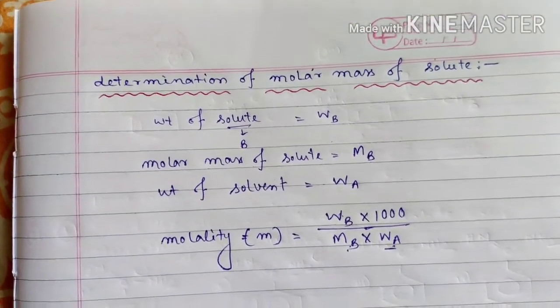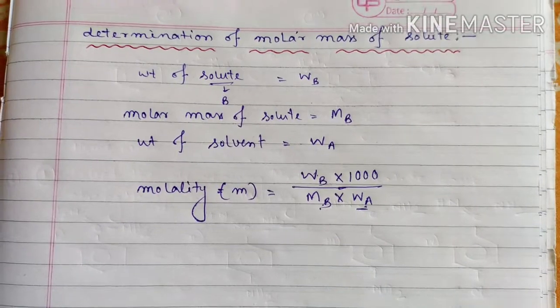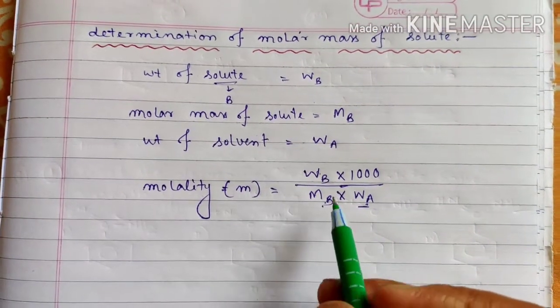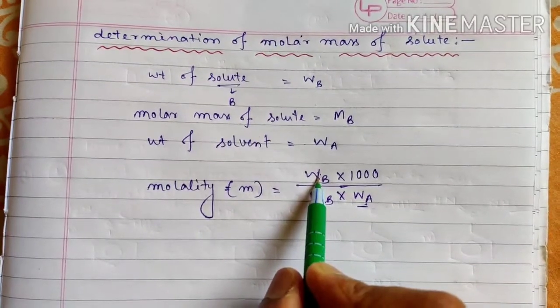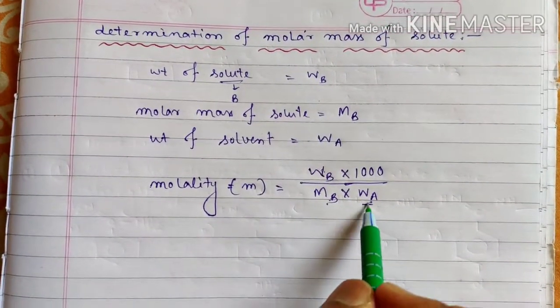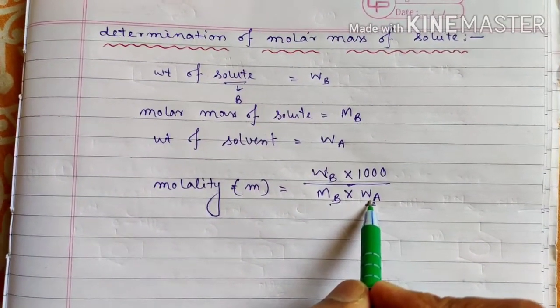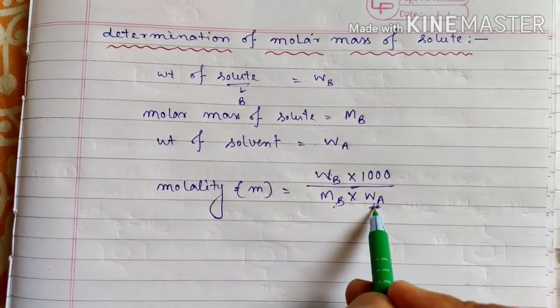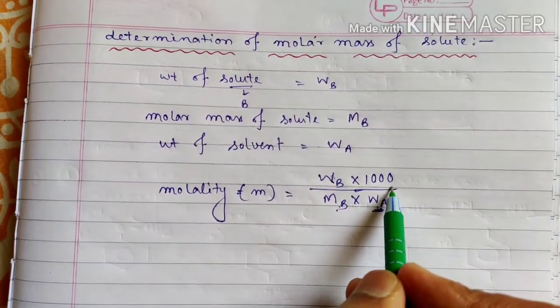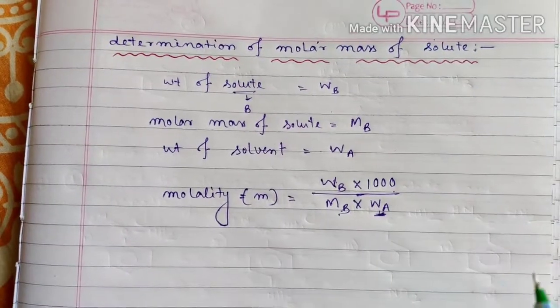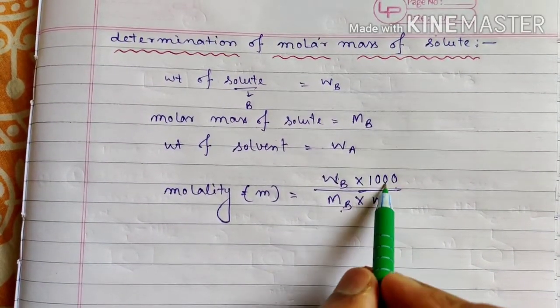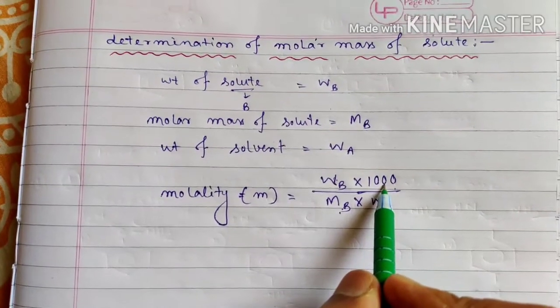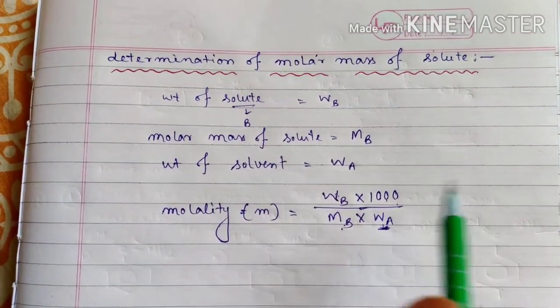Do remember the definition of molality once again. It is the number of moles of solute dissolved in 1000 gram of solvent. Now if we are considering this in gram, it is to be multiplied with 1000. Here if it is 1 kg, then that 1000 is not necessarily to be multiplied.